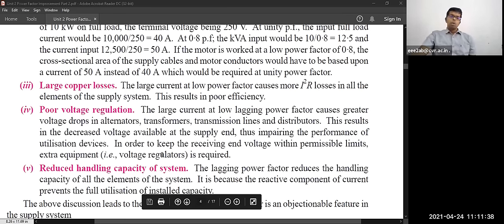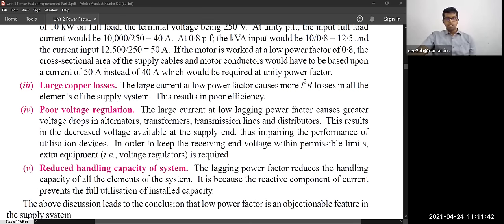Also, the distribution companies have to install voltage regulators near the distribution transformers, then in substations. So the cost of maintenance of the substations, transmission lines and the distribution system will be increased.